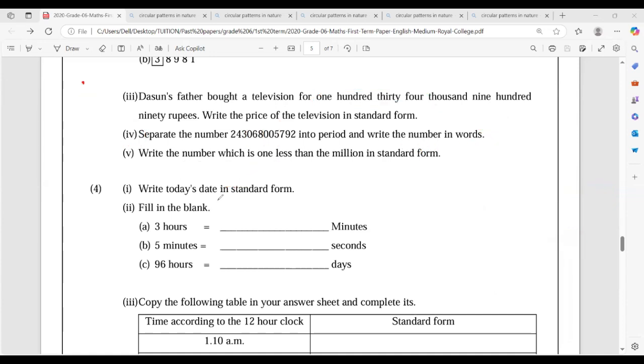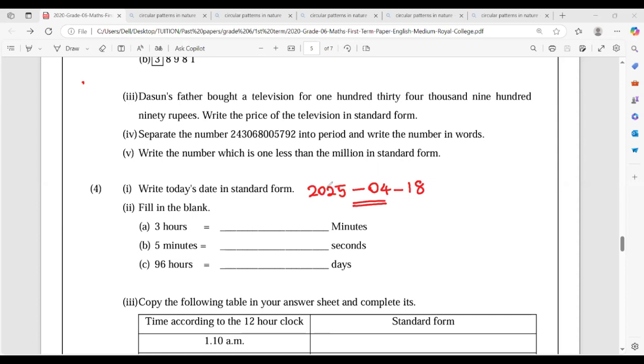In the fourth one, write today's date in standard form. If I am recording it today, I'll write today's date: 2025, and today's month is April, that is 4, and today is the 18th. So this is the standard form.